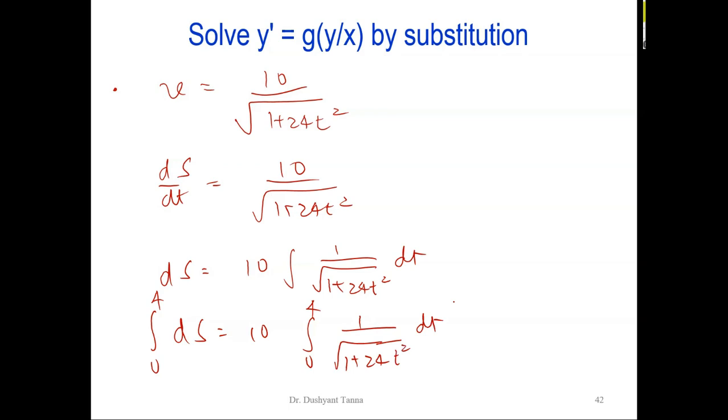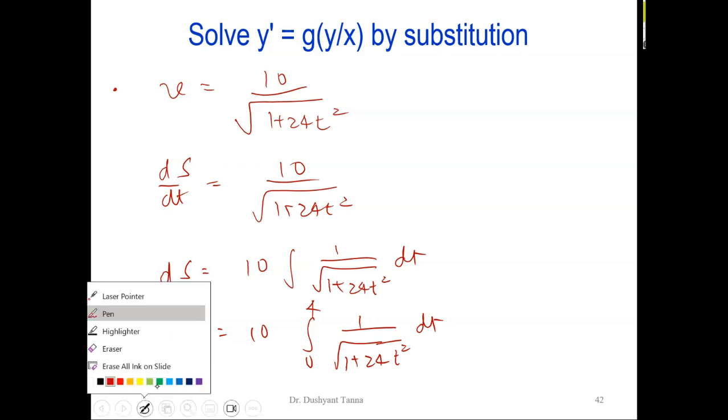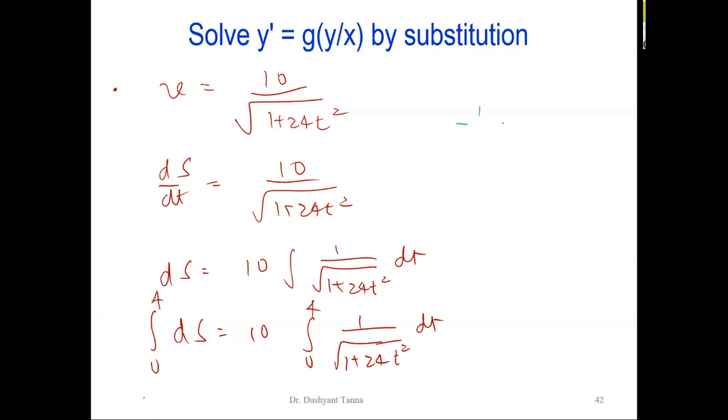Again, going back to last year's formula, the integration of 1 over the square root of a squared plus x squared dx was written as ln of x plus the square root of a squared plus x squared, of course plus c, but a definite integral doesn't have a c, right?